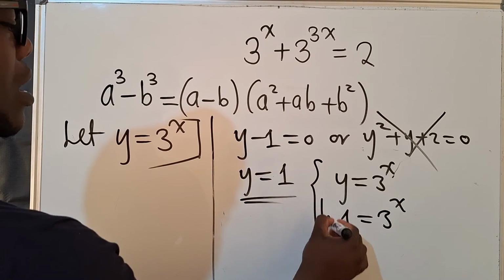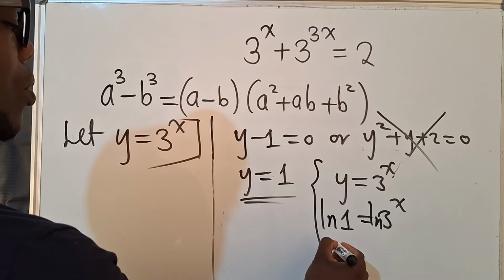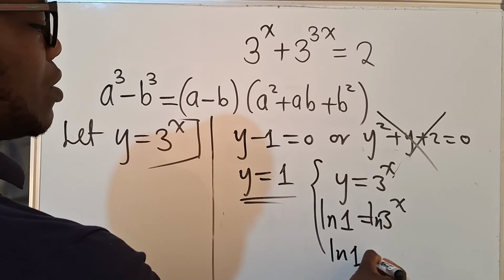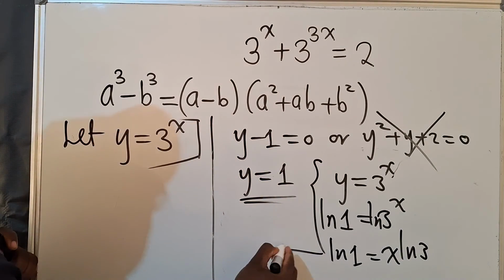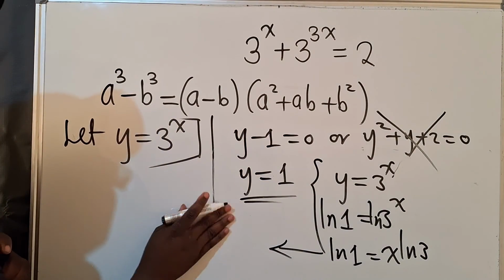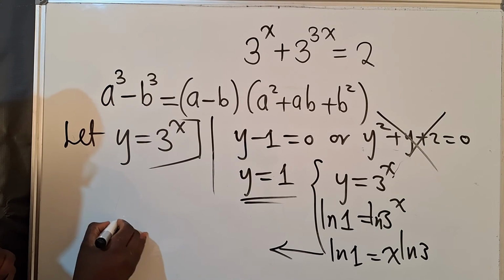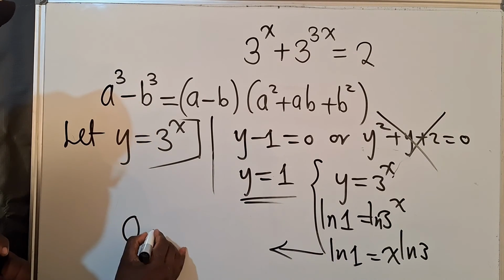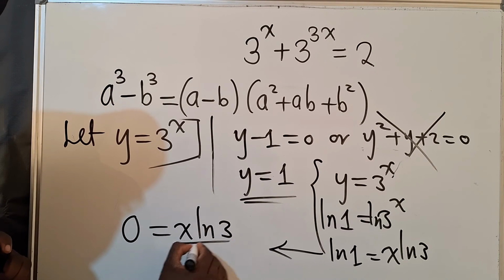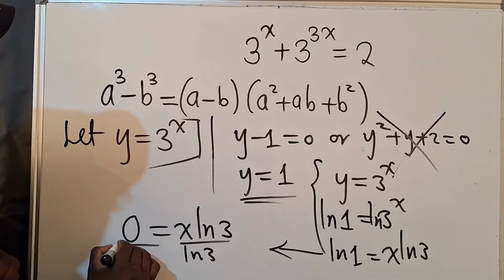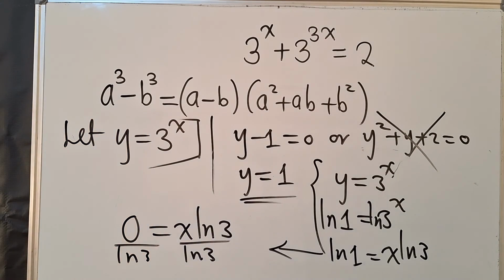Apply the ln. So ln 1 is equal to x ln 3. The ln of 1 is equal to 0. So ln 1 is equal to 0, which is equal to x ln 3. So when you divide by ln 3 on both sides, what are we getting?